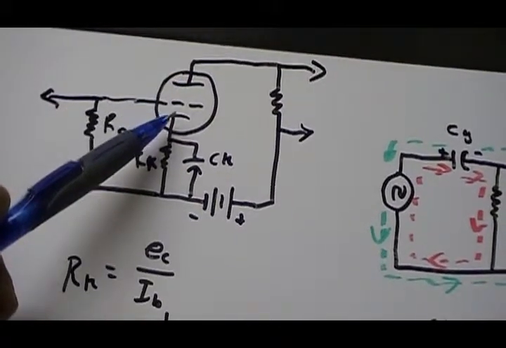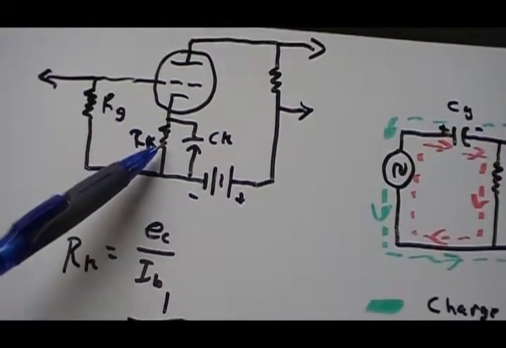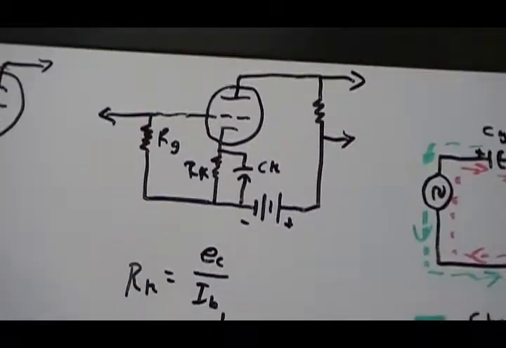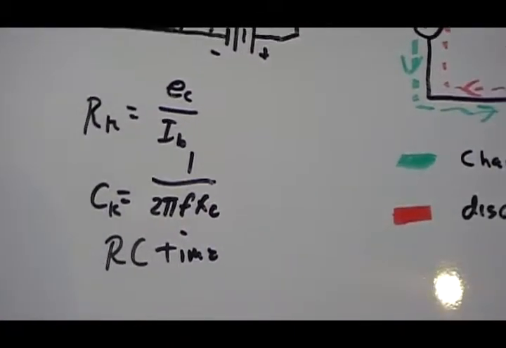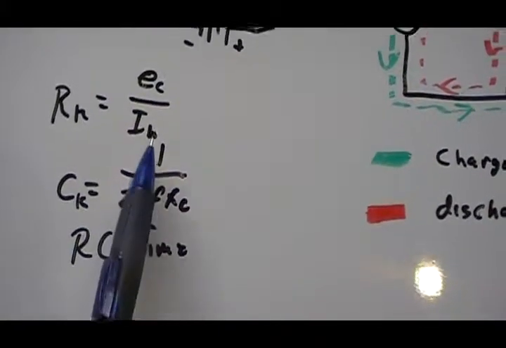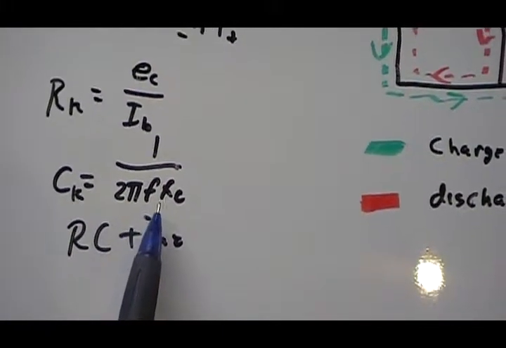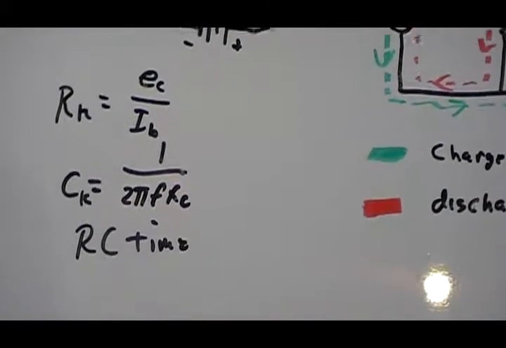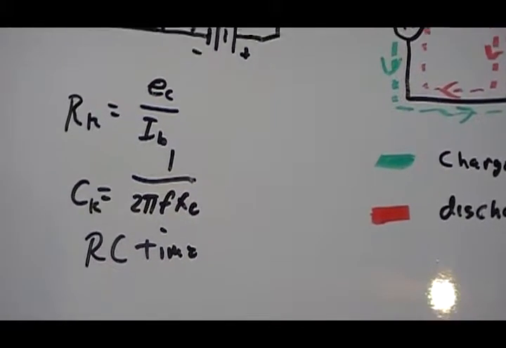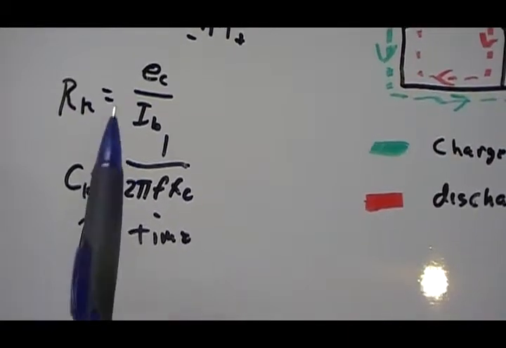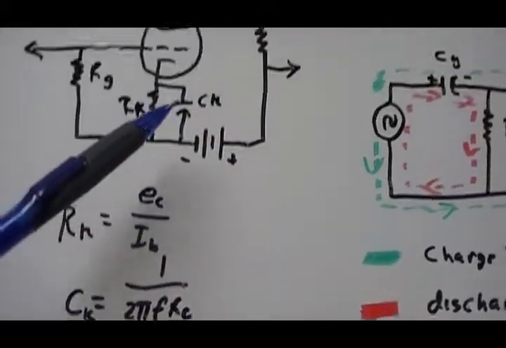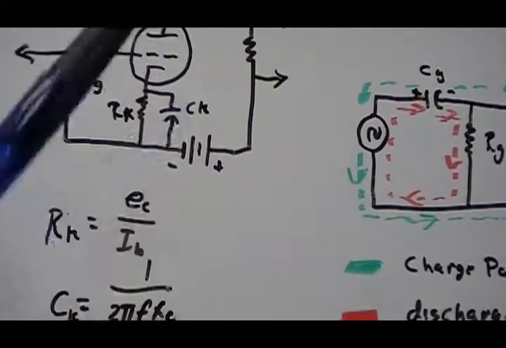So when the AC signal comes through, it's going to see this, but this is 10 times less, so it's going to take this route. Now, how do you figure that? CK is 1 divided by 2 pi F X sub C. Basically, it's just a rearranged formula for X sub C. X sub C equals 1 over 2 pi FC. And that's how you figure out this capacitor.